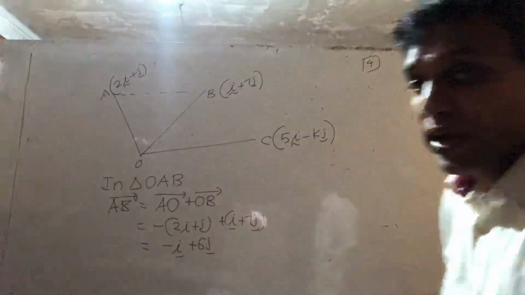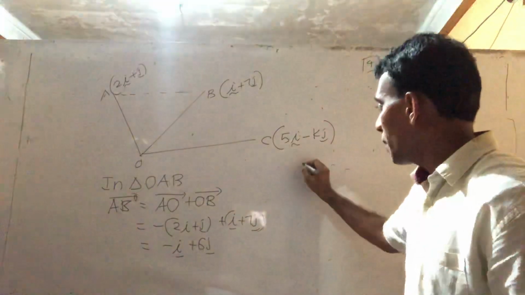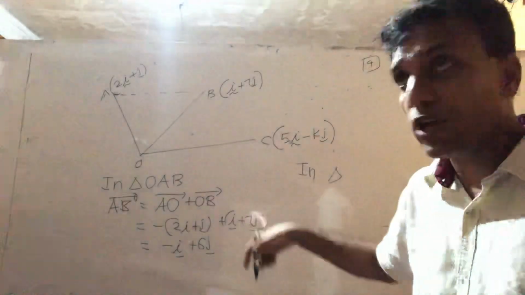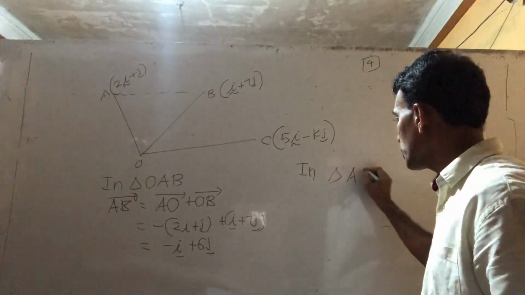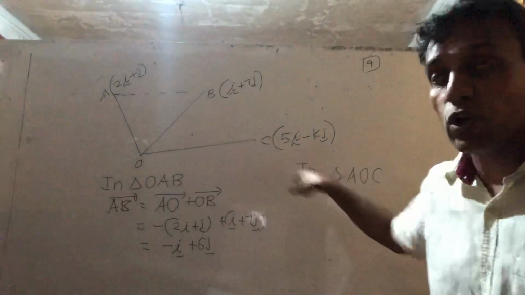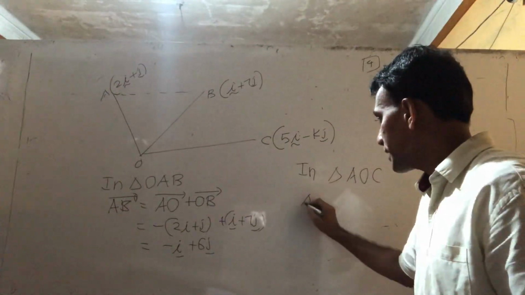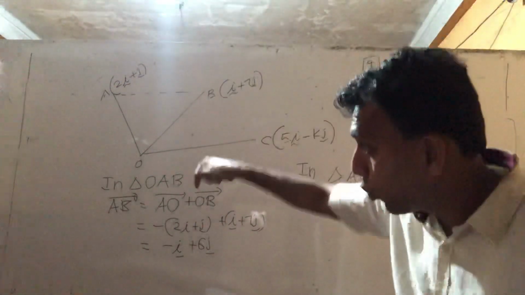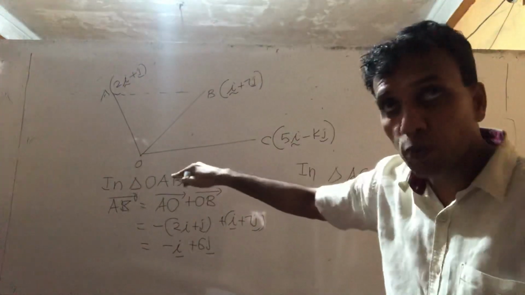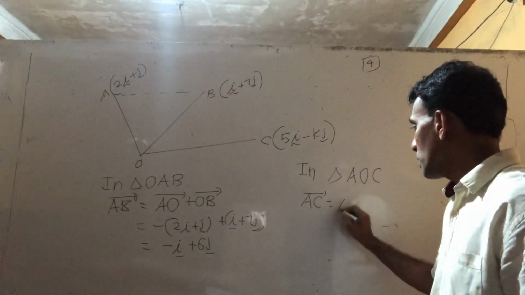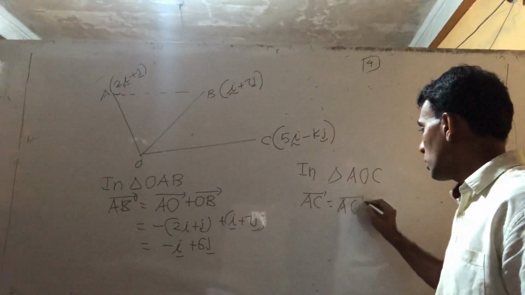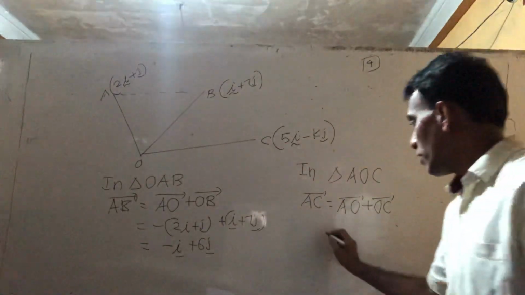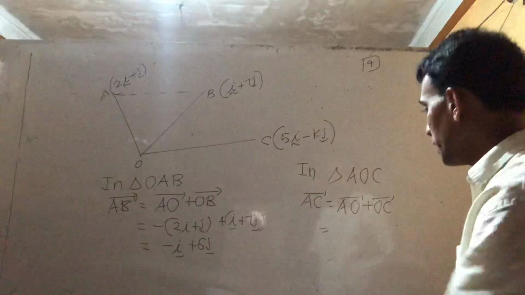Okay, now we find the same for AC vector. Take the last triangle, AOC. What is AC vector? AC vector equals AO plus OC. So what is AO as earlier?